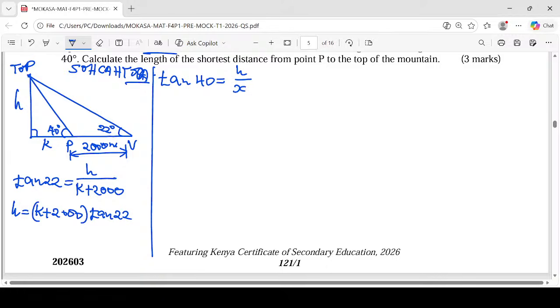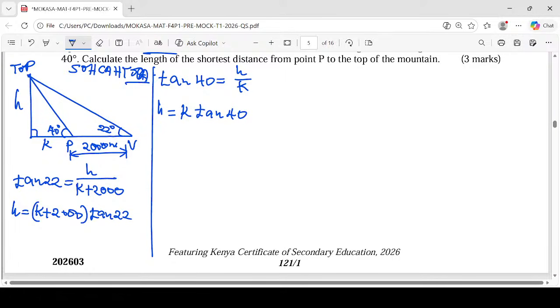When you cross multiply and make h the subject of the formula, you get h being equivalent to x tan 40. Not really x, our adjacent here is k. I said let the distance from P to the base of the mountain be k. So this is h over k, so this becomes k tan 40.